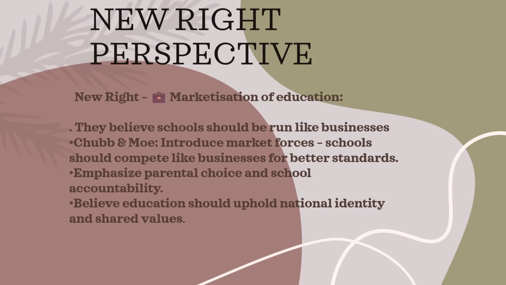They think that schools should compete like businesses for better standards. A bit of competition would benefit the schools and make them perform better. And they emphasize parental choice and school accountability and believe education should uphold national identity and shared values. To be honest, I think that's all you need to know for the New Right. I think you'll be good with that info.